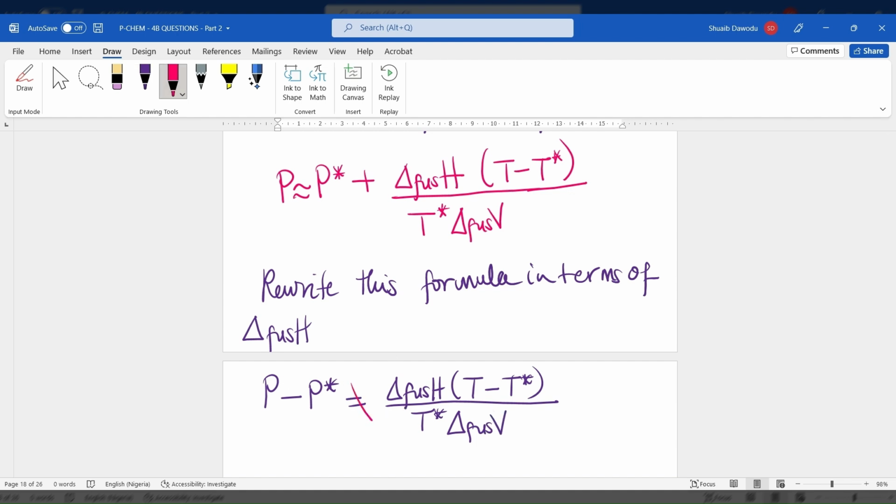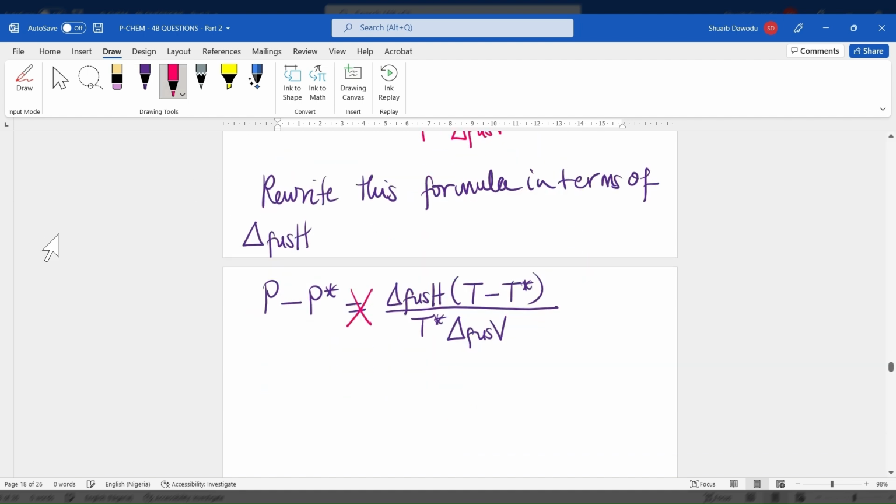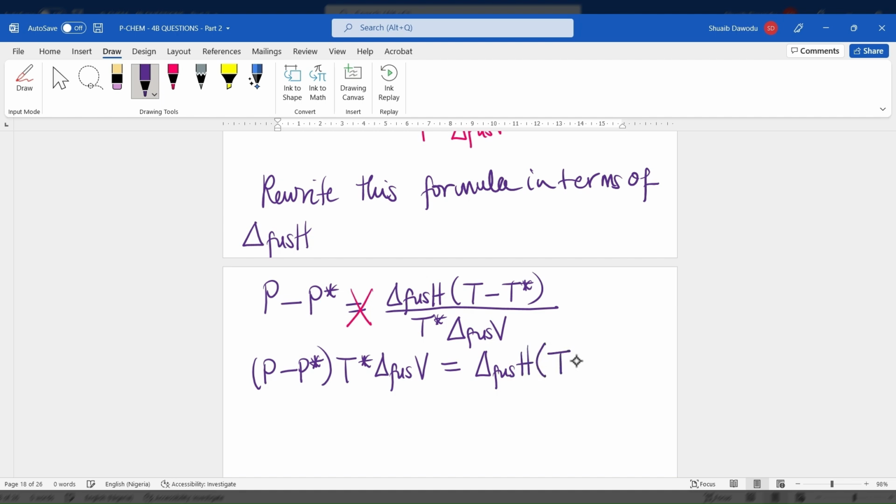Of course, we cross multiply, and we end up with P minus P star, T star, change in molar volume of fusion is equal to change in enthalpy of fusion times T minus T star. In order to have the formula in terms of change in enthalpy of fusion, we just divide both sides by T minus T star.